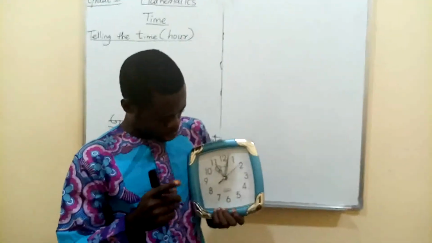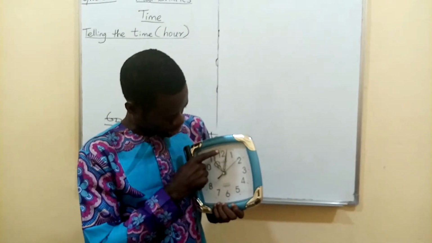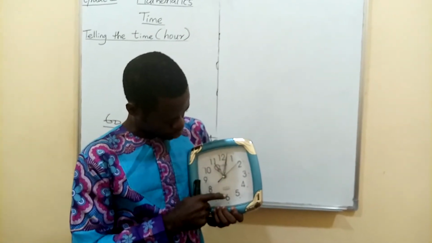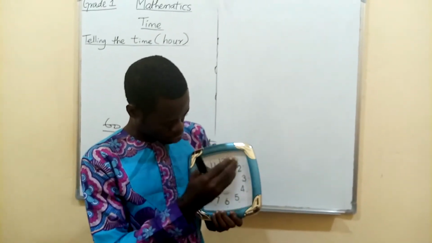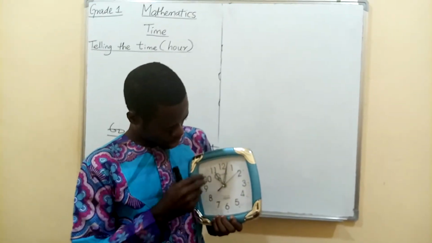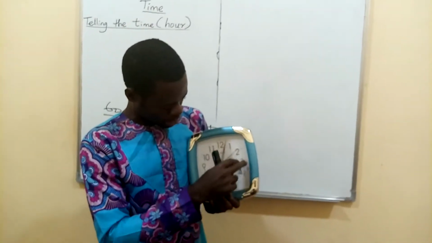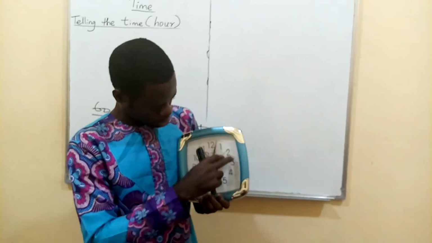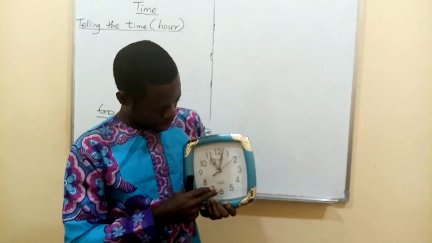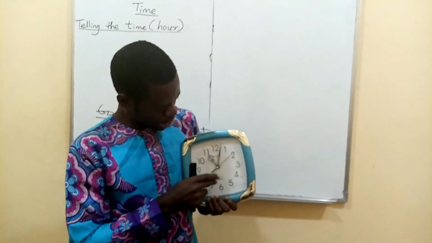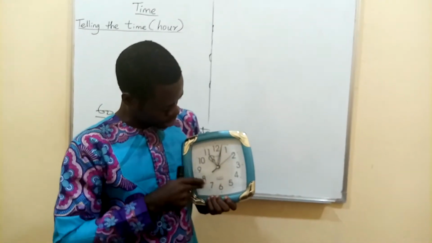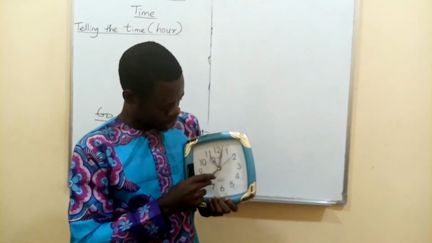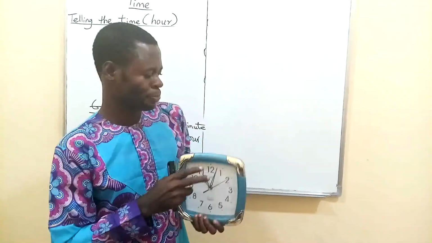And we also learned that when you divide the time from 12 to 6, you are going to have 2 halves. From 12 to 6 on this side is past an hour, while from 6 on this other side to 12 is to an hour.